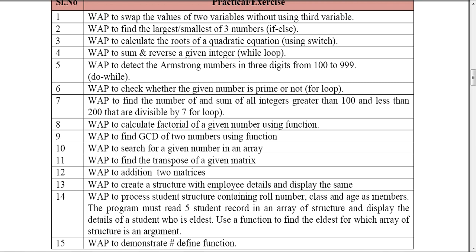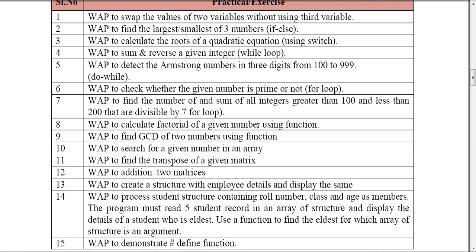loop. Then the fifth experiment is to write a C program to detect the Armstrong numbers in 3 digits from 100 to 999 using do while loop. Then the sixth experiment is to write a C program to check whether the given number is prime or not using for loop.